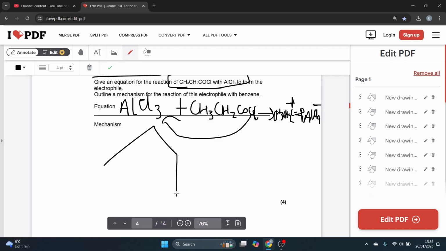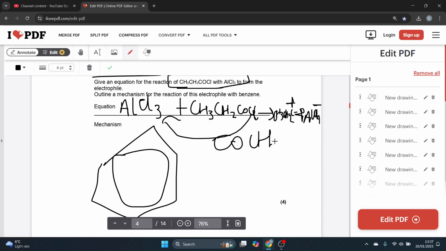I should be able to draw that pretty nicely, though it's not a really nice diagram. Then I've got my CO. I don't really show the double bond in this case. COCH2CH3. The carbon is positively charged, and the ring of delocalized electrons goes to the carbon.